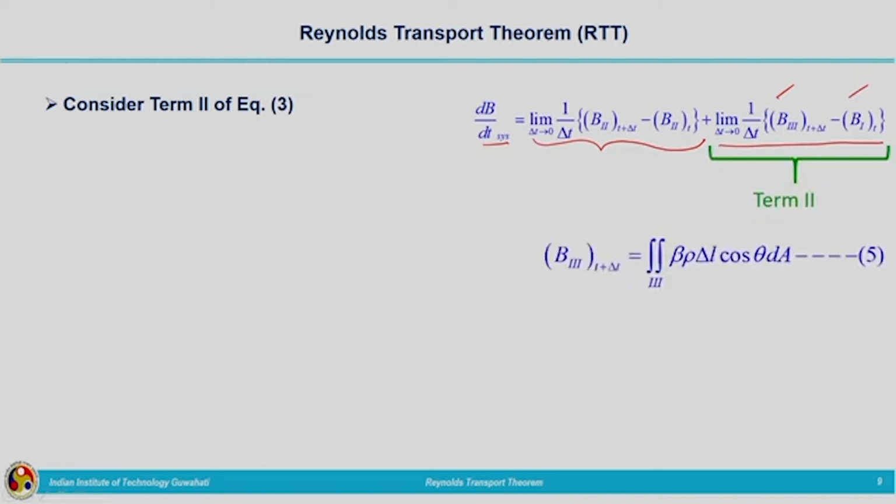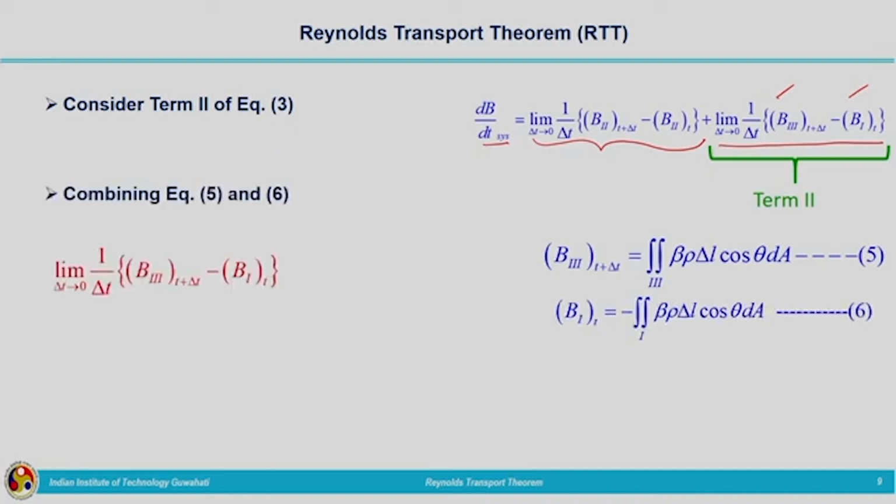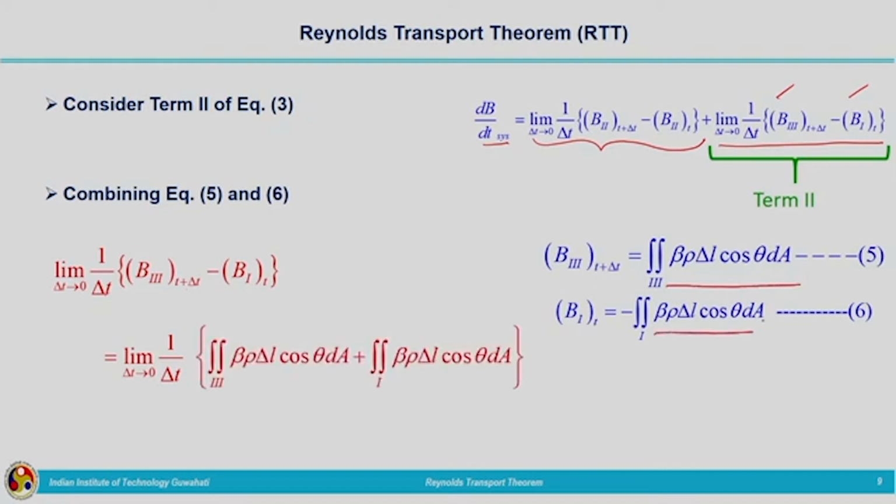Term 2 is the limit delta t tends to 0 of 1 by delta t times B3 at t plus delta t minus B1 at t. B3 is given by this surface integral, and B1 is given by this expression, and substituting them here, we get the expression for term 2 in the RTT.